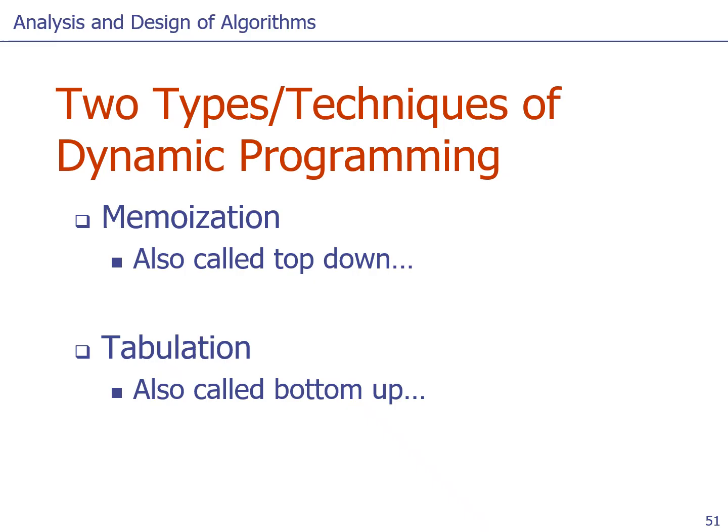Okay, now, obviously, tabulation is very clear to you. You're building a table. You're filling in some kind of an array. Now, memoization also uses an array, but the difference between them is quite subtle.